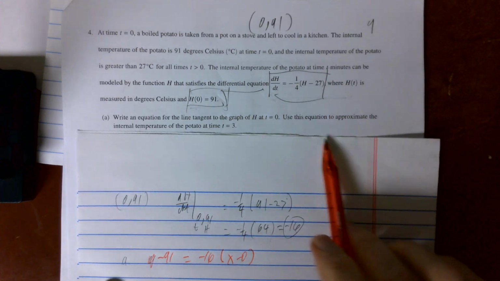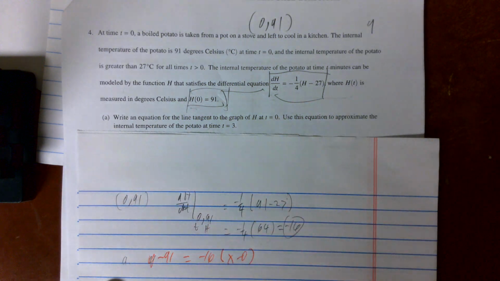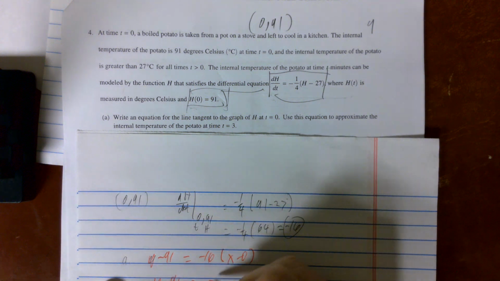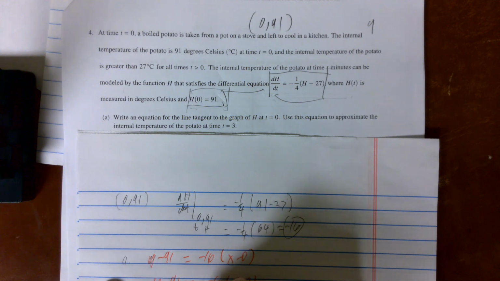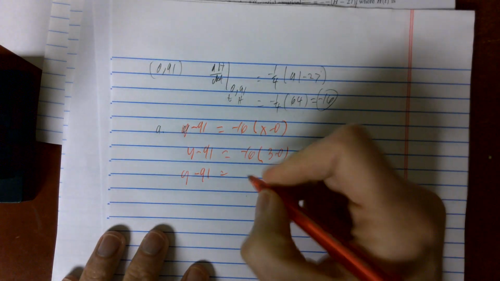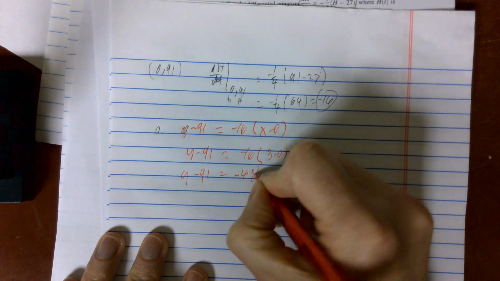The next thing they say, use this equation to approximate the internal temperature at t equals 3. So that means y minus 91 is equal to negative 16 times (3 minus 0). Negative 16 times 3 is negative 48.